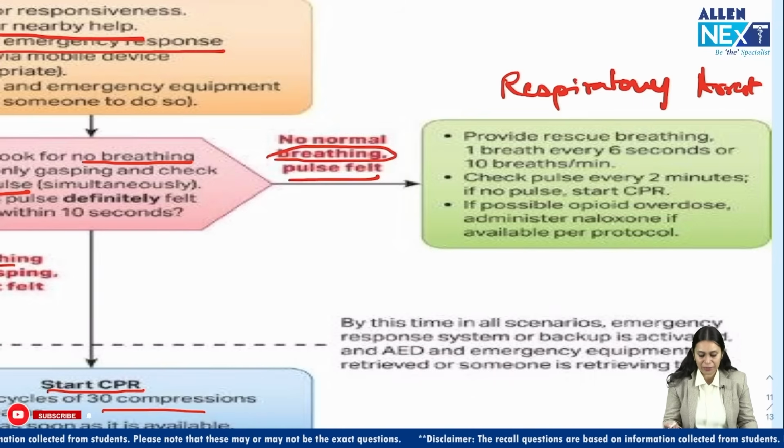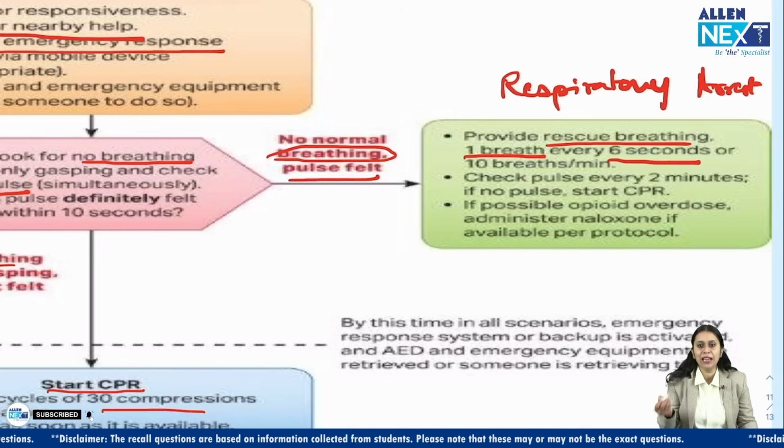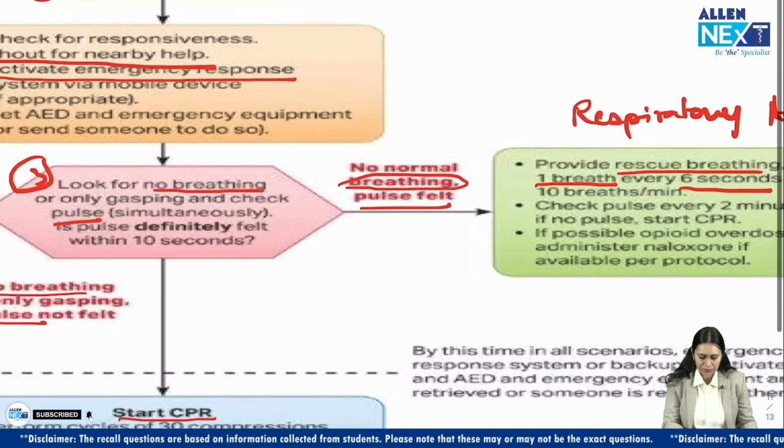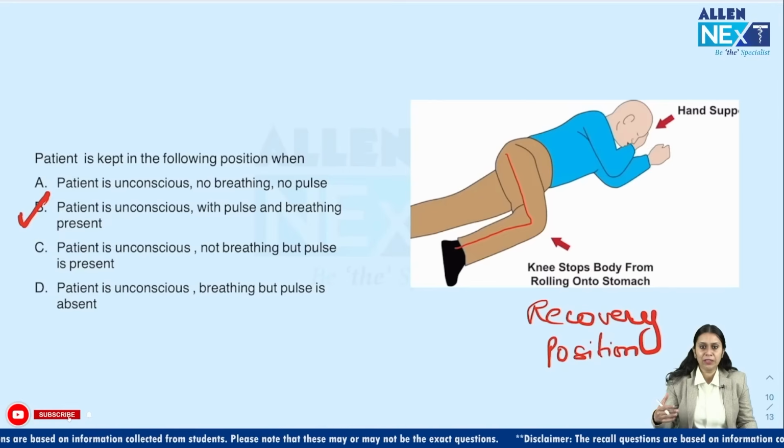In respiratory arrest, we provide rescue breaths: 1 breath every 6 seconds, 10 breaths in a minute in adults, and 20 to 30 breaths in a minute in children. We just give rescue breaths, and every 2 minutes we check the pulse again.